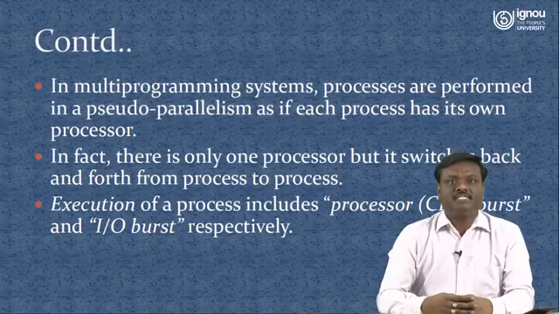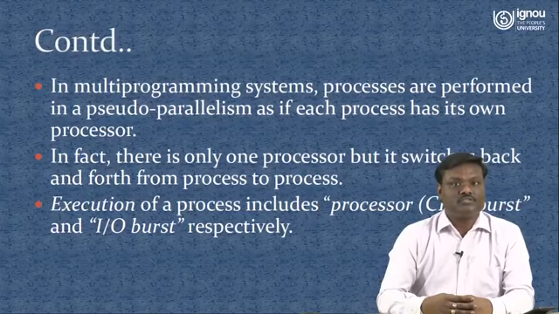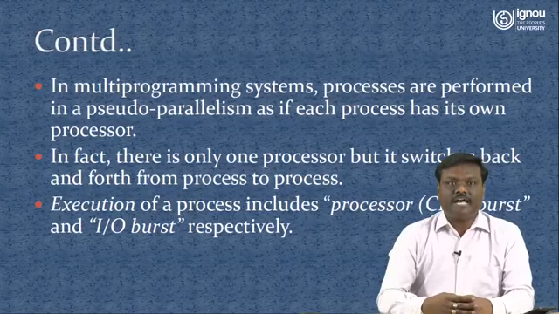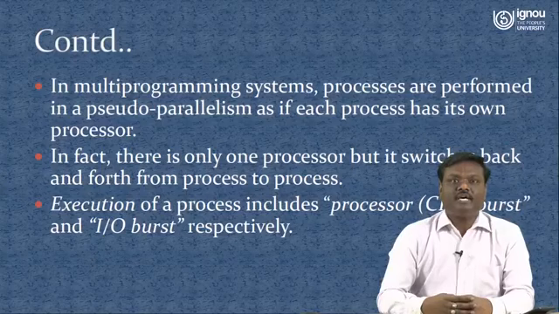In fact, there is only one processor, but it switches back and forth from process to process. Suppose the RAM, the main memory, has processes P0 to P5 residing at the same time.